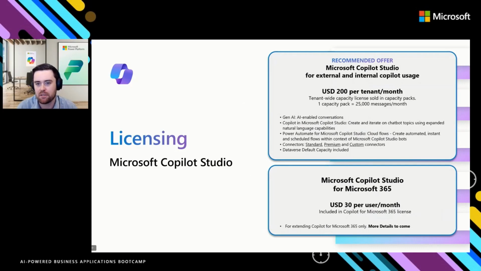This is where you can build those plugin scenarios and publish it back into M365. But these are the published prices, so please do talk to your license providers and look at what agreements you might have, just to understand exactly what your pricing may be for these different licensing types.